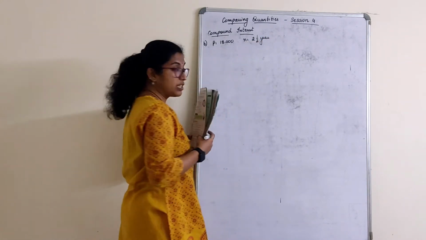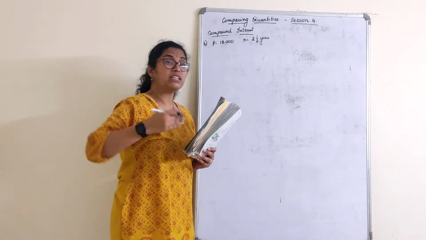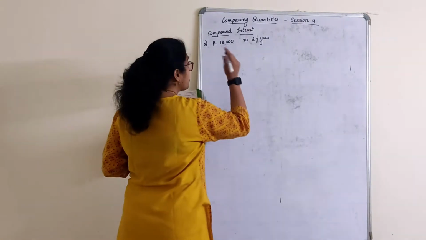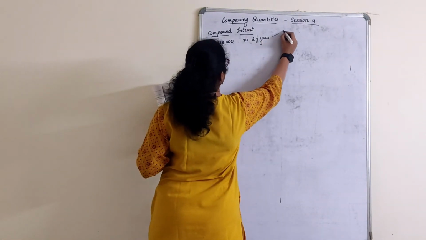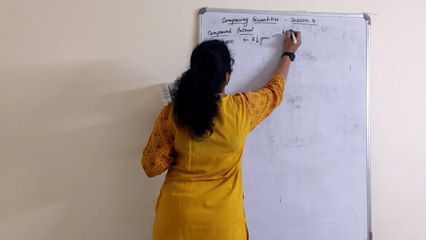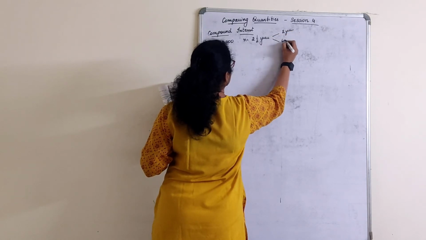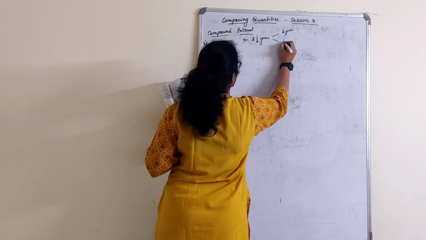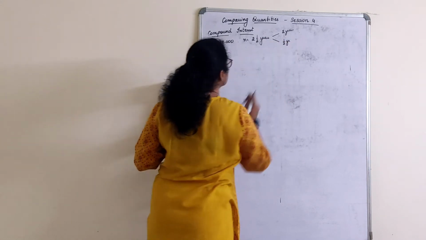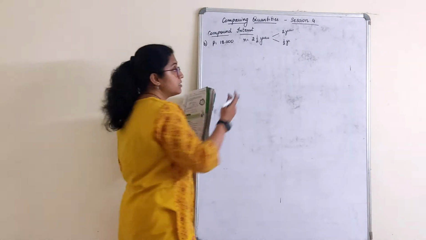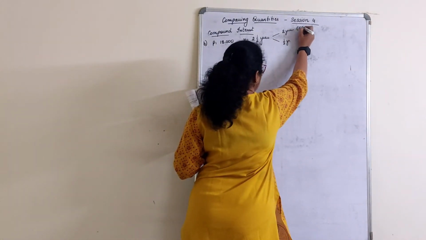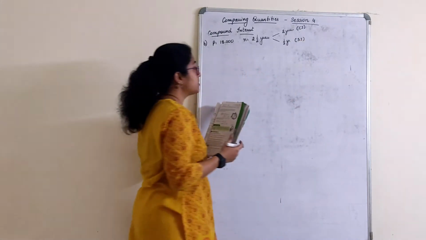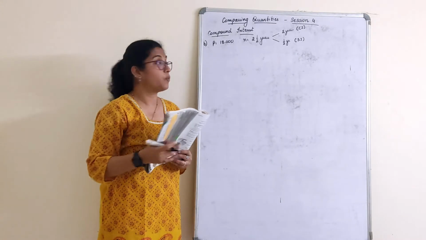So when you have such type of sum for 2.5 years, there actually is a different formula and time is given in terms of like this. But here what we will do, we'll split the time in terms of 2 years and half year, right? So for 2 years we will find that by compound interest, half year we will find that by simple interest. That is the rule and that's the method what we follow.